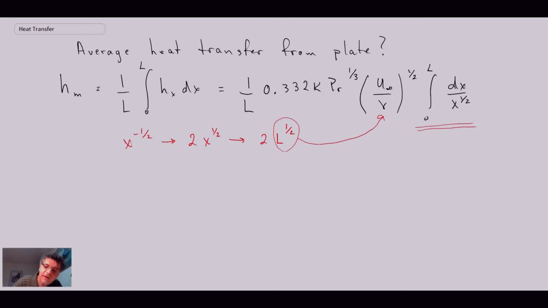So let's take a look at the average or mean. Sometimes it is expressed as h over bar. I did h m there, but sometimes you'll see it with h over bar. And the 2 goes to the front.